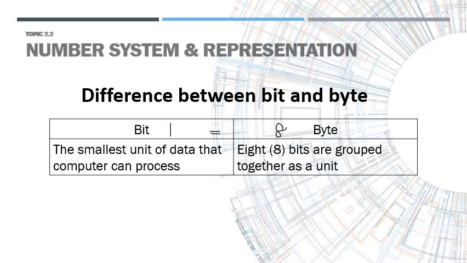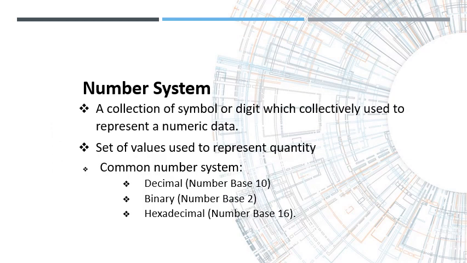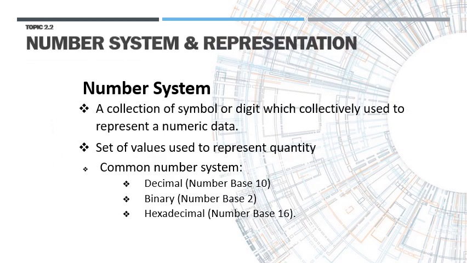Alright, next we discuss the number system. What is a number system? A number system is a collection of symbols or digits which is collectively used to represent numeric data.